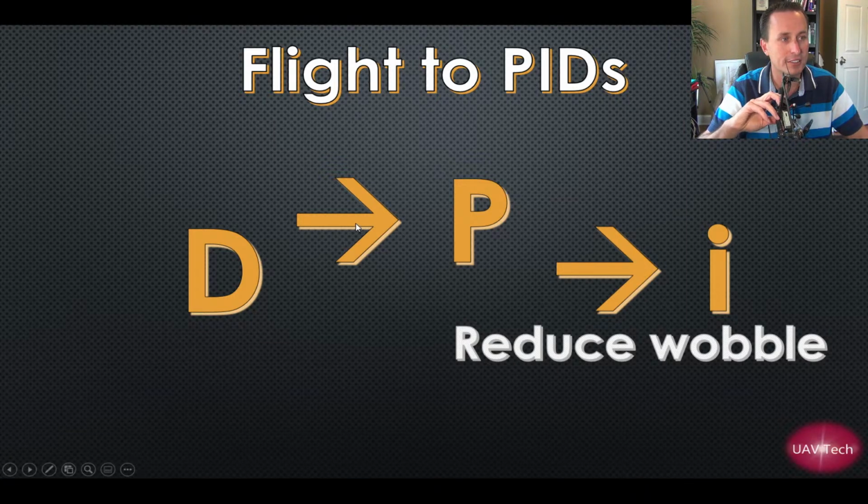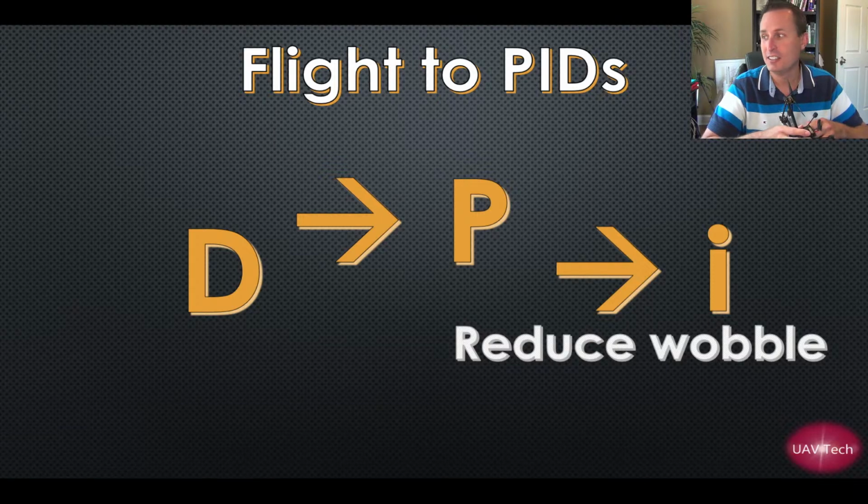Once you have these things tuned, so you maybe increase P a little bit, reduced I a little bit, that's generally what Betaflight on the current defaults you would need to possibly tune up a little. Typically P is a little low for Betaflight and it needs to go up.